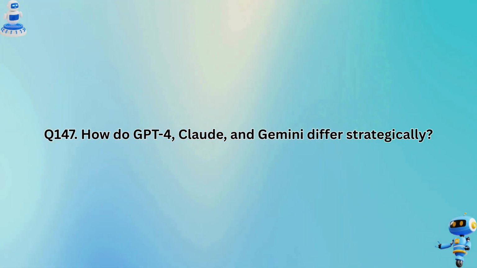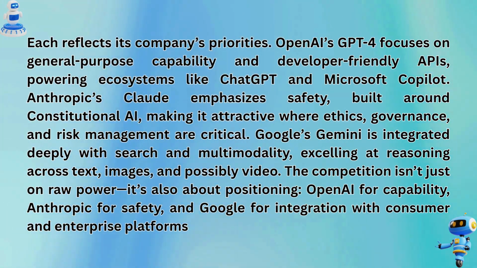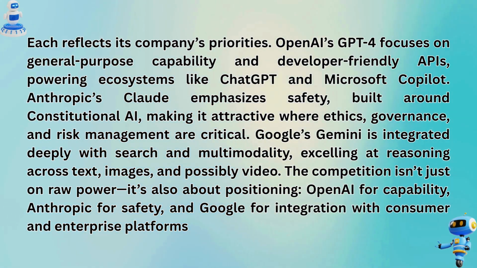How do GPT-4, Claude, and Gemini differ strategically? Each reflects its company's priorities. OpenAI's GPT-4 focuses on general-purpose capability and developer-friendly APIs, powering ecosystems like ChatGPT and Microsoft Copilot. Anthropic's Claude emphasizes safety, built around constitutional AI, making it attractive where ethics, governance, and risk management are critical.